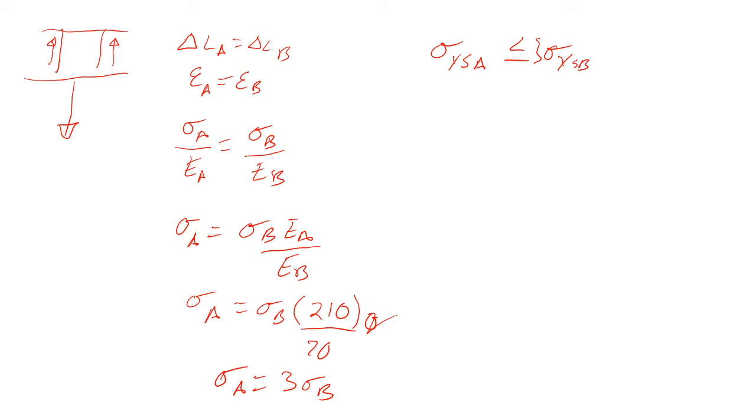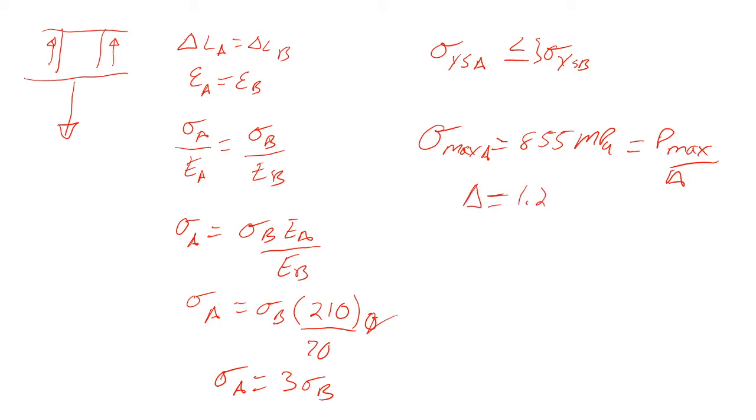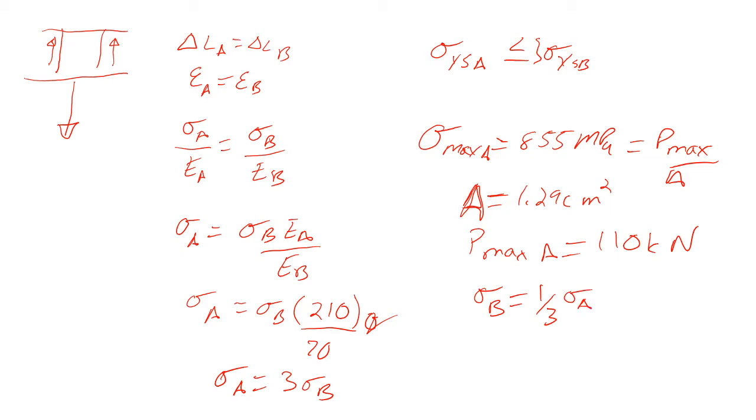So if we take that rod A is going to be the one to fail first, the maximum stress that we can have is 855 MPa, which is Pmax over A. So the max load that we can carry in A is 110 kilonewtons, and we know that since the stress in B is 1/3 of A, with the same cross-sectional area, P in B is 1/3 of P in A, and the P total is A and B, which would be 147 kilonewtons.